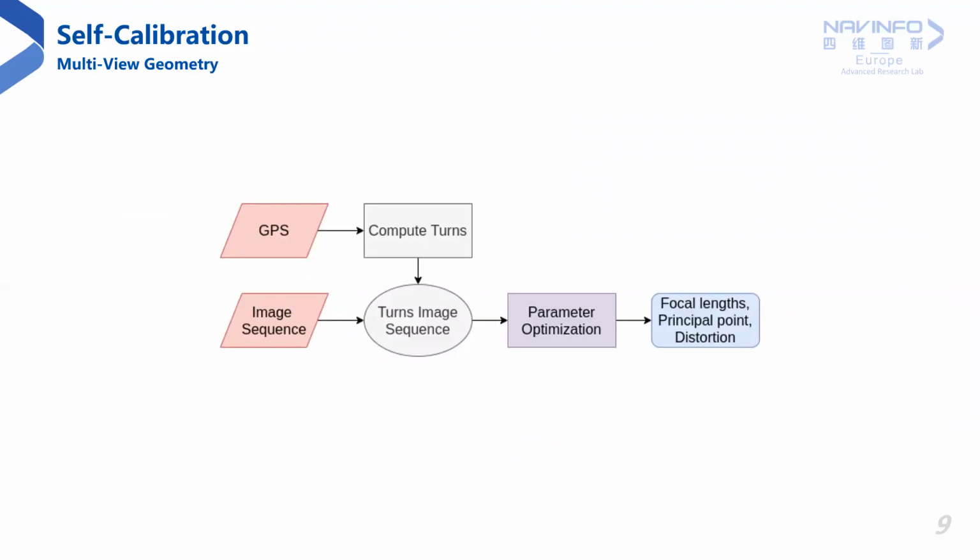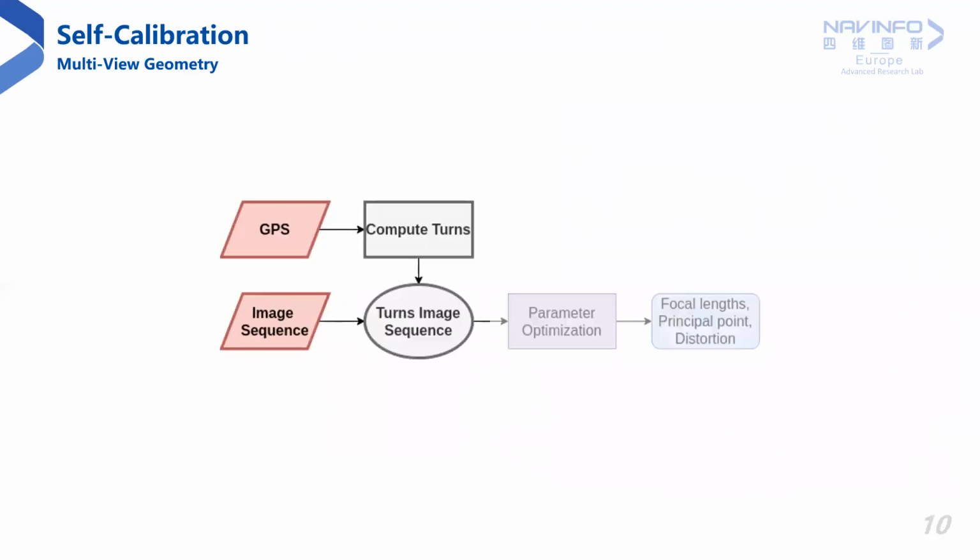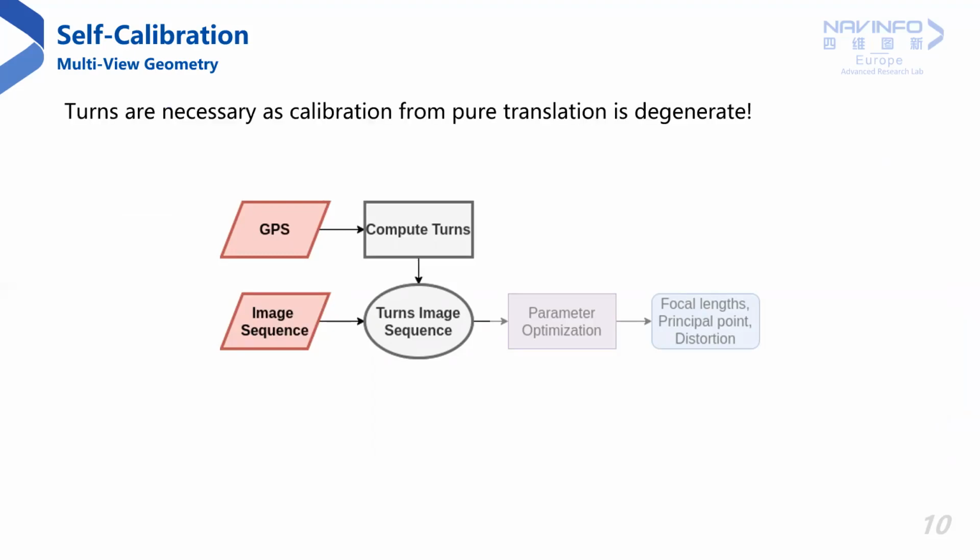Here is an overview of the multi-view geometry-based self-calibration procedure. First, the GPS information is used to identify the portions of the image sequence where the vehicle is making a turn. The turns are necessary for calibration, as pure translation is a degenerate scenario with ambiguity between radial distortion and scene depth.